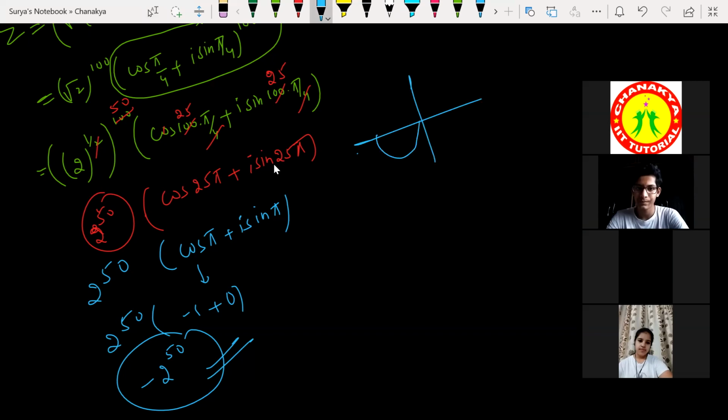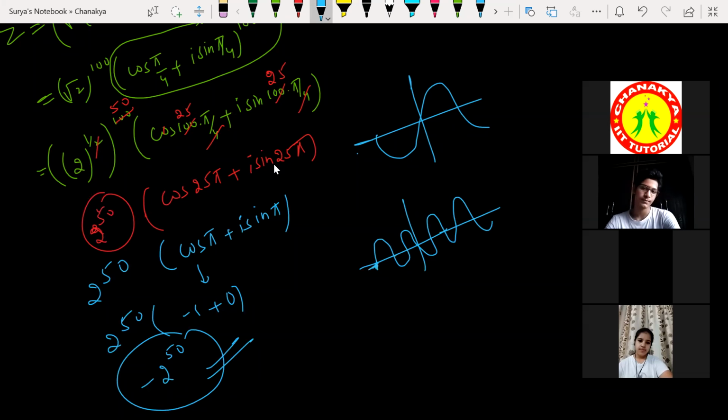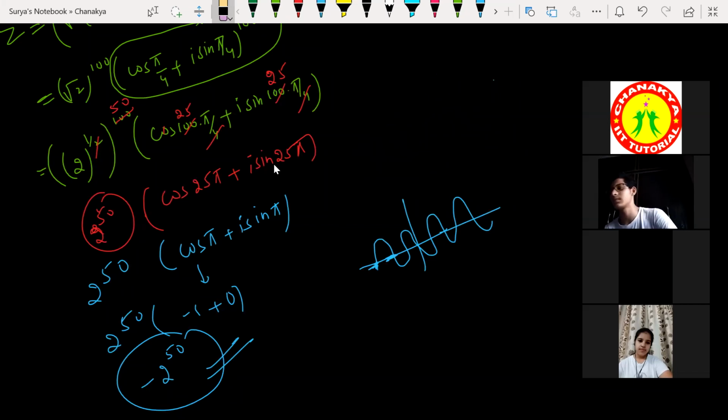You'll have cos graphs like this, sin graphs will be like this. So sin value will be repeating after every 180 degrees like this, cos will be repeating after every 180 degrees. You will understand in your trigonometry chapter.